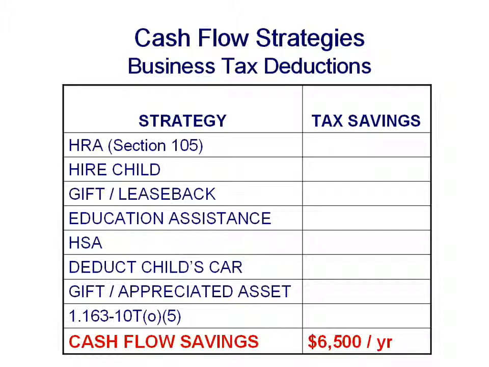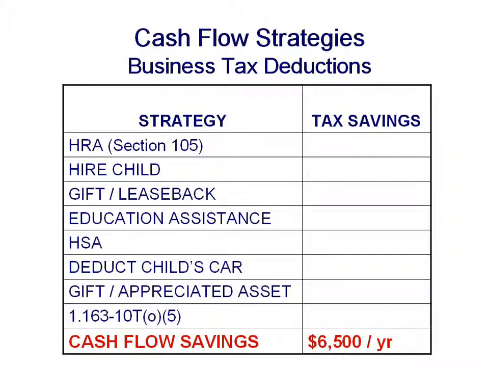1163-10T05. So in this particular case study, Joe's going to use these tax strategies to reduce his income, which further lowers his tax liability and increases his cash flow. Let's say that these 8 tax strategies, without going into detail, cut his taxes and increase his cash flow by $6,500 a year, which, believe me, is a very small amount using these 8 strategies.